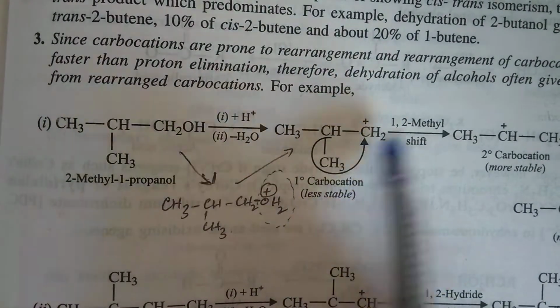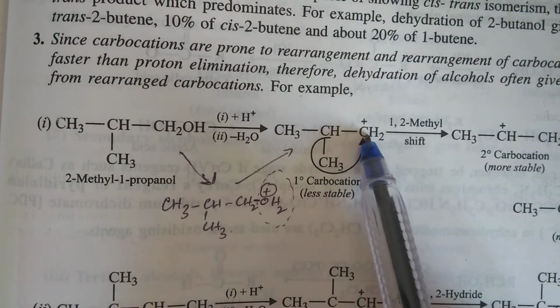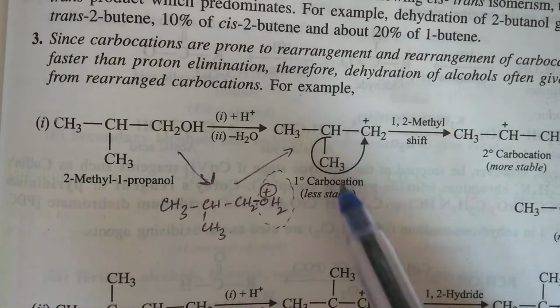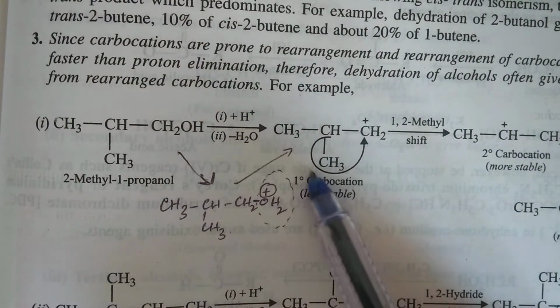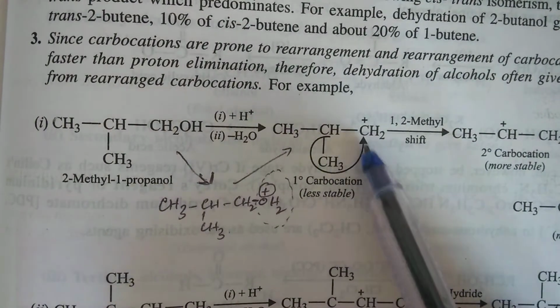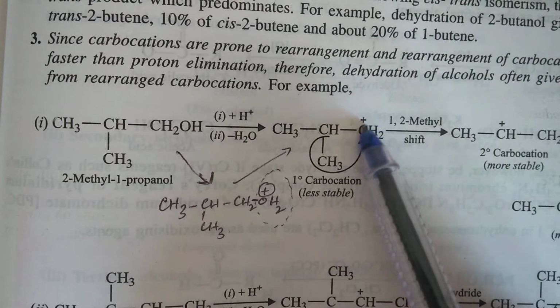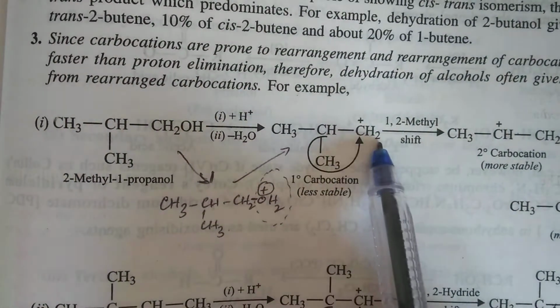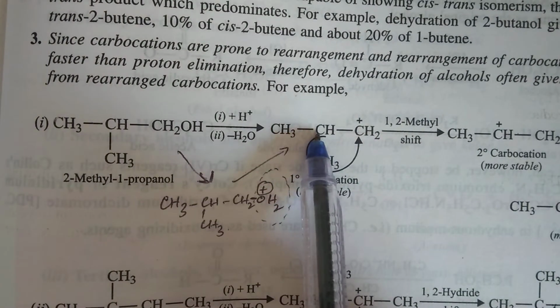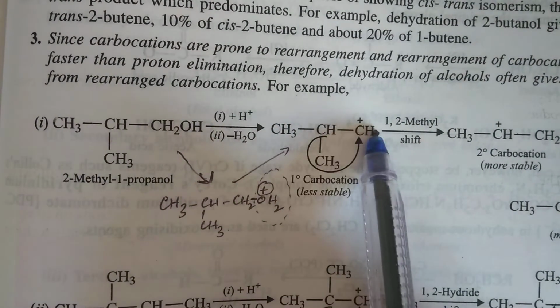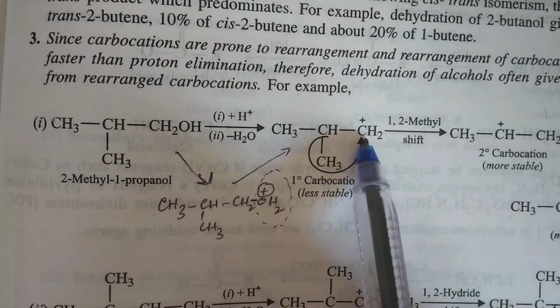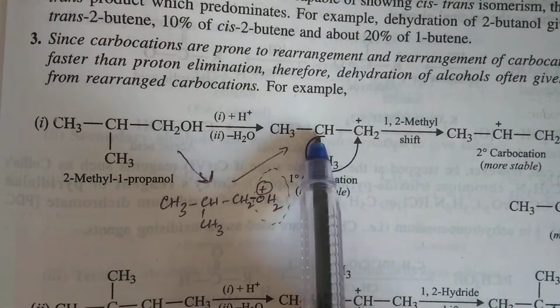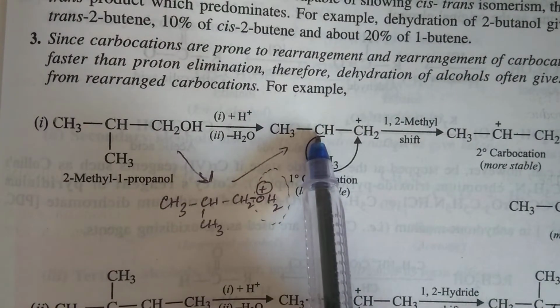Now what happens is, this positively charged carbon will attract this CH3 group towards itself and shift the positive charge to a secondary carbon. If this is getting shifted, then this will become secondary, is it not? Once this CH3 shifts to this position, this carbon will become a secondary carbocation, right?